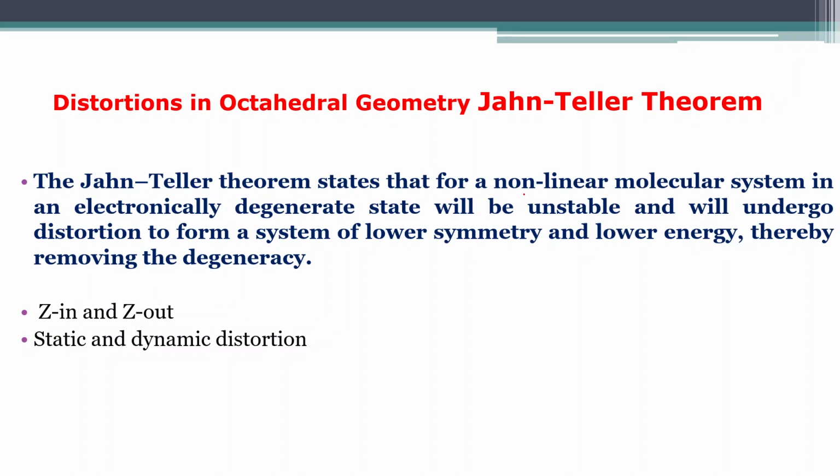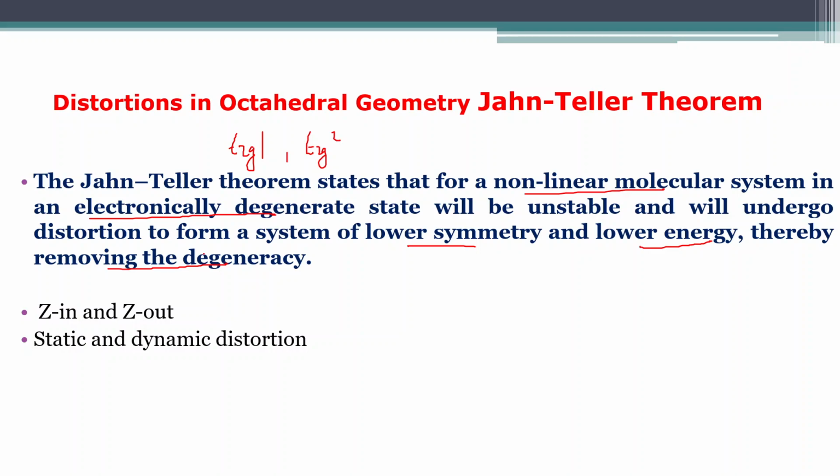So we have discussed nonlinear molecular systems, like octahedral, and electronic degenerate states like t2g1 or t2g2. They will be unstable and will undergo distortion to form a system of lower symmetry and lower energy, thereby removing the degeneracy. This is the statement of Jahn-Teller.